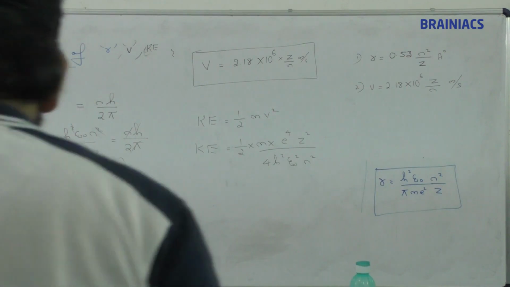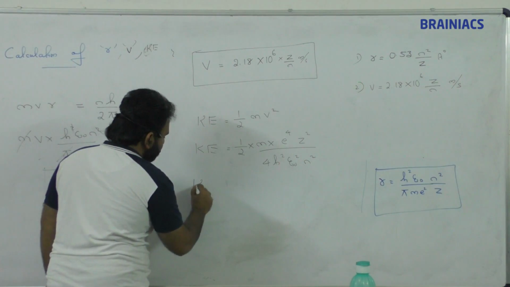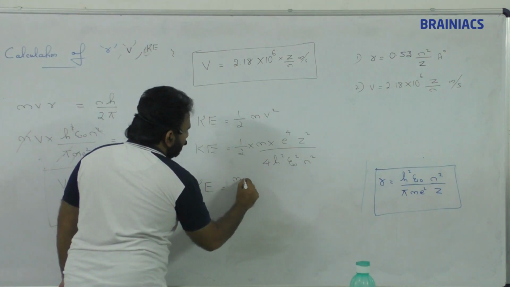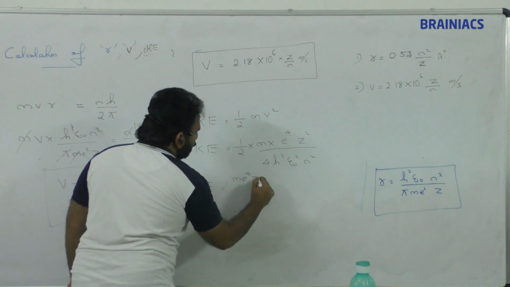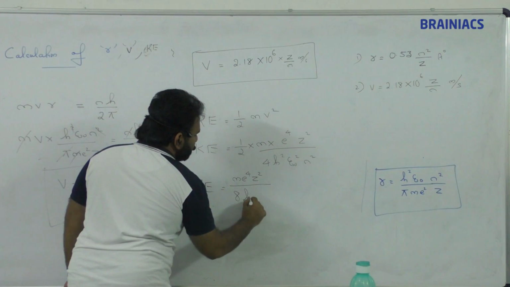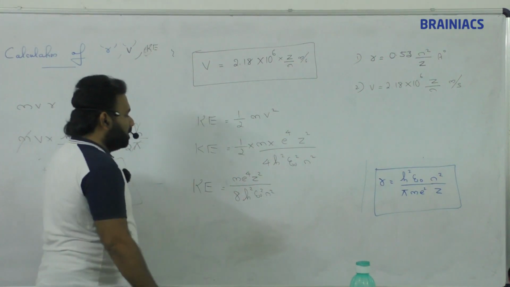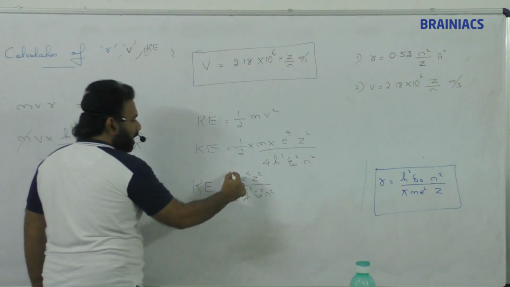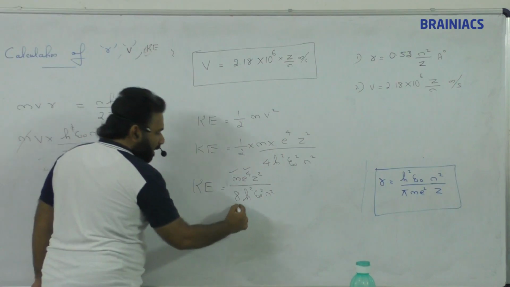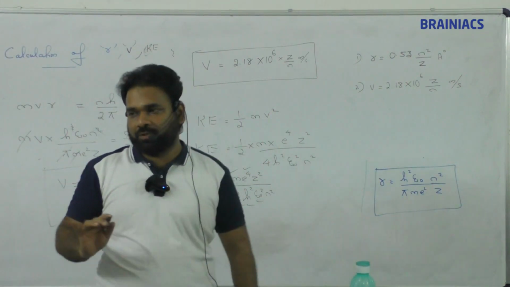Okay, so here if we put it in a standard form, kinetic energy is nothing but m e raised to 4 z square divided by 8 h square epsilon naught square n square. So in this, mass of electron, e raised to 4, 8, h square, epsilon naught square, all these are constants.